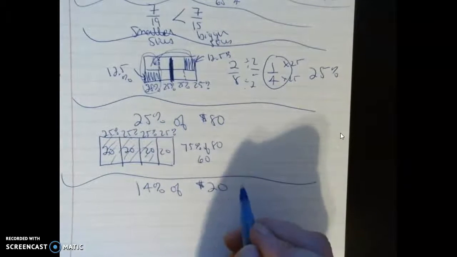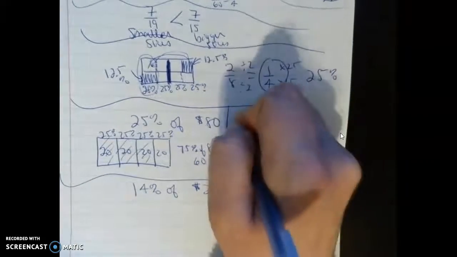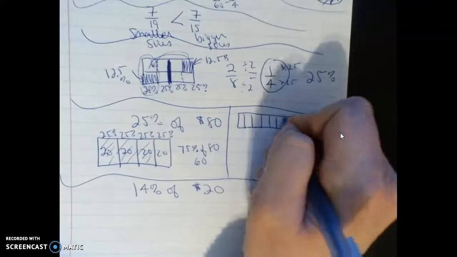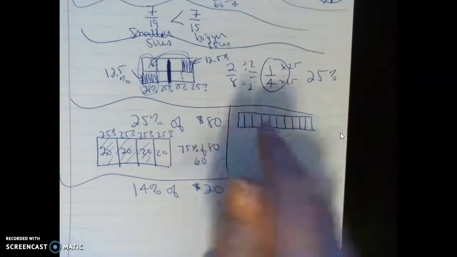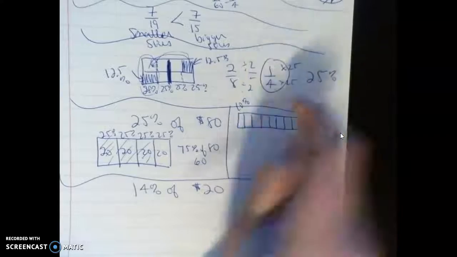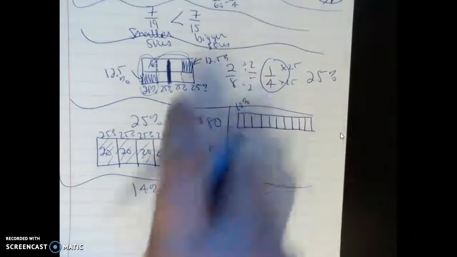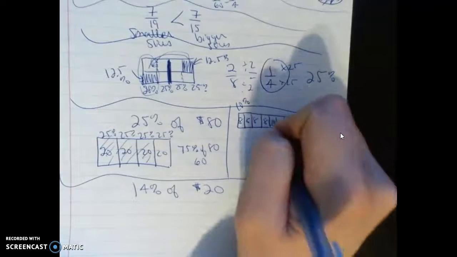Okay. The other way you could do that is cut it into 10 pieces. We'll see how good I am at doing that. 1, 2, 3, 4, 5, 6, 7, 8, 9 cuts to get 10 pieces. Each of these would be 10% because 100% divided by 10, each strip is 10%. And 80 divided by 10, each little strip would be worth 8.